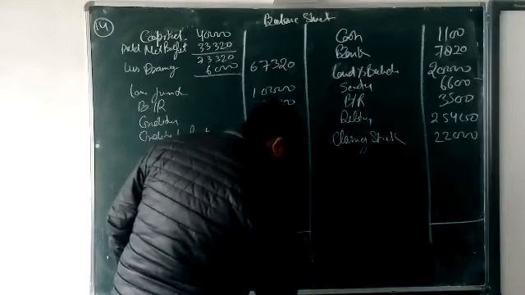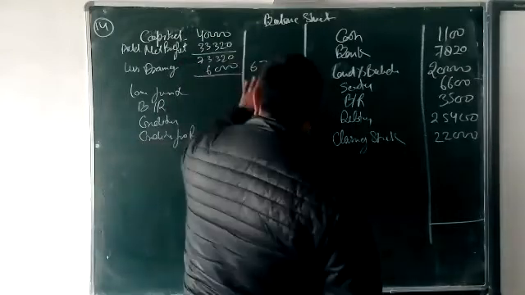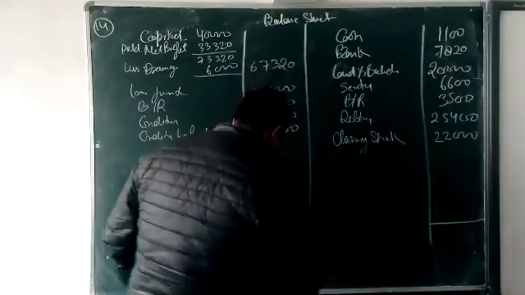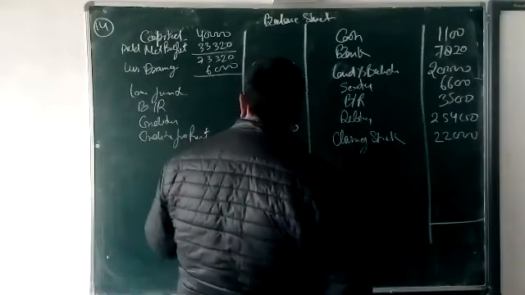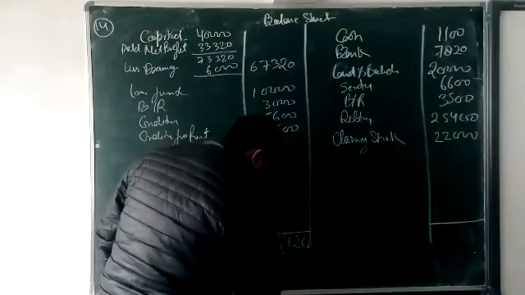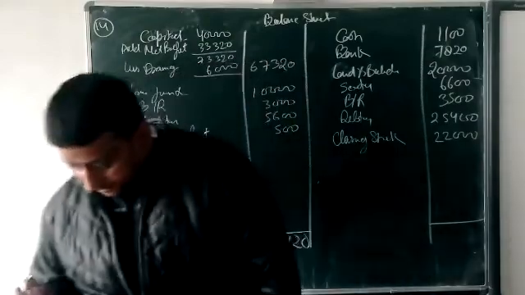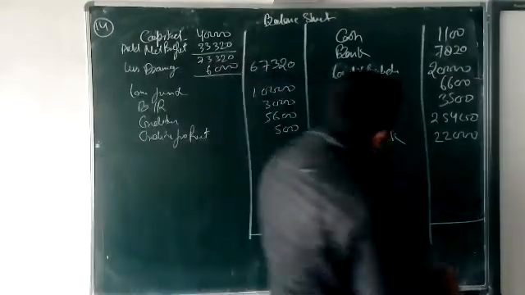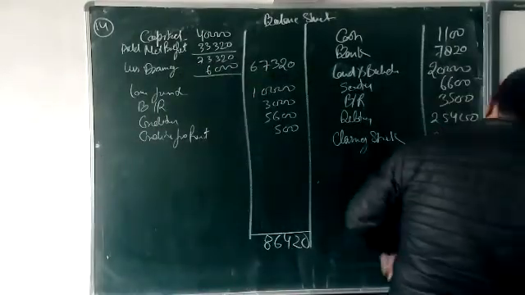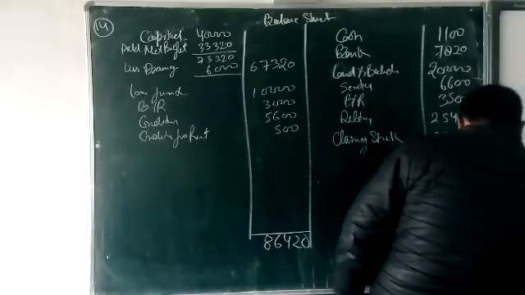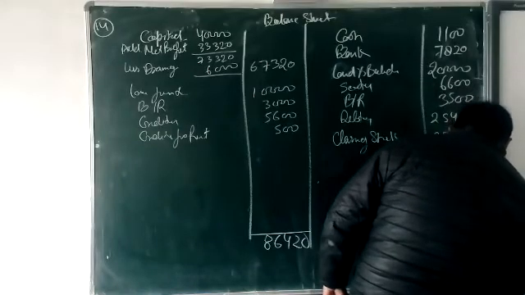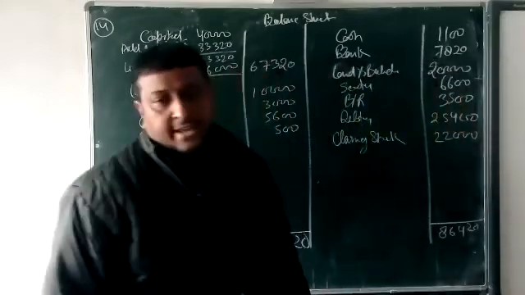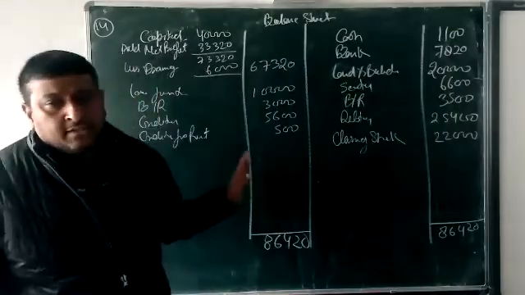This side 86,420. And this side 86,420. Okay, clear how we are going to do this question?